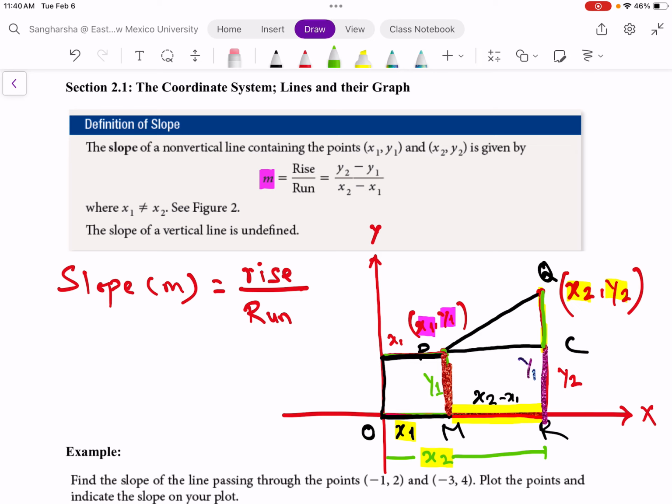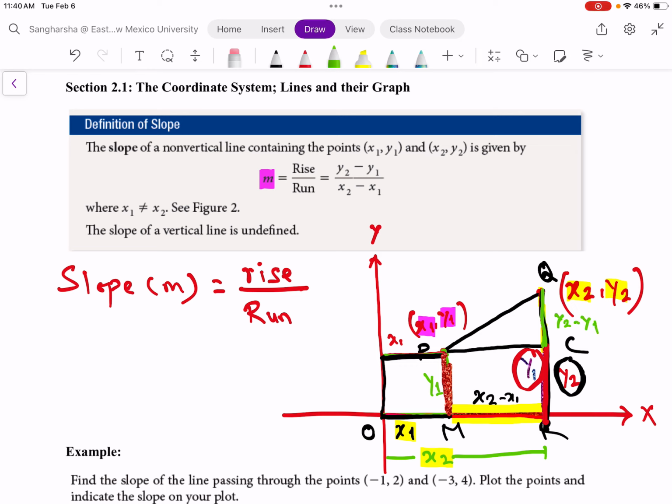From Q to R, this is y2, and from C to R, this is y1. Now what can we say about QC? It is y2 minus y1.